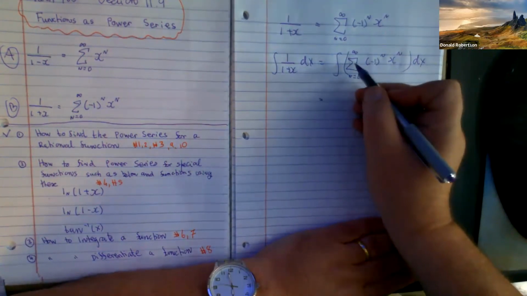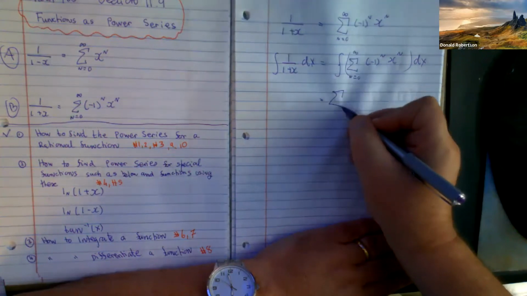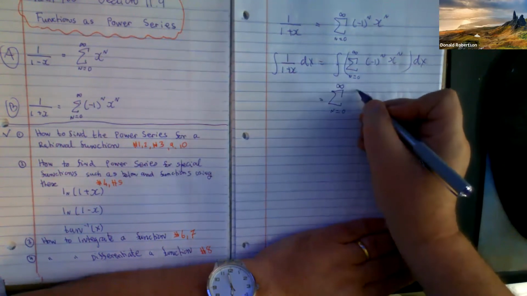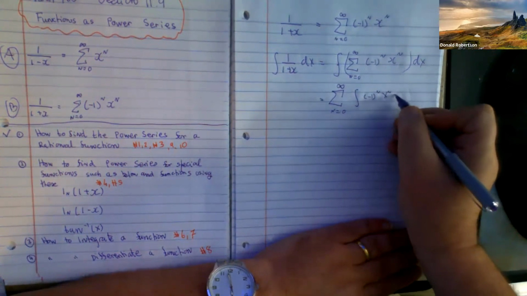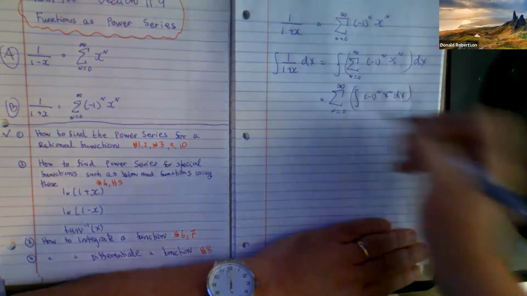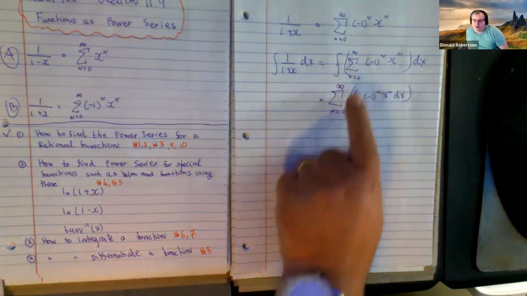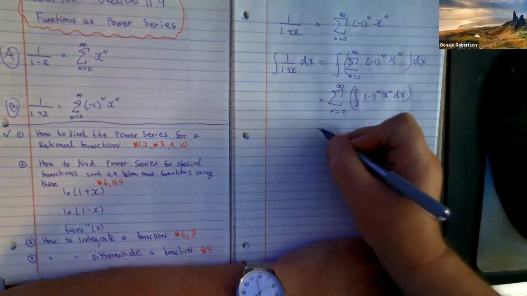You can switch integration and sigmas and do them in the alternate order. So I'll do the sigma of the integral of these guys. So instead of the integral of a sigma, I'm doing the sigma of an integral. Now the power series gets used.